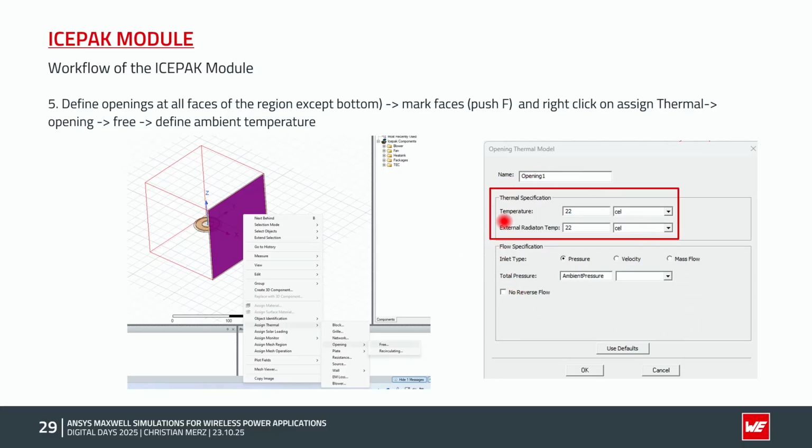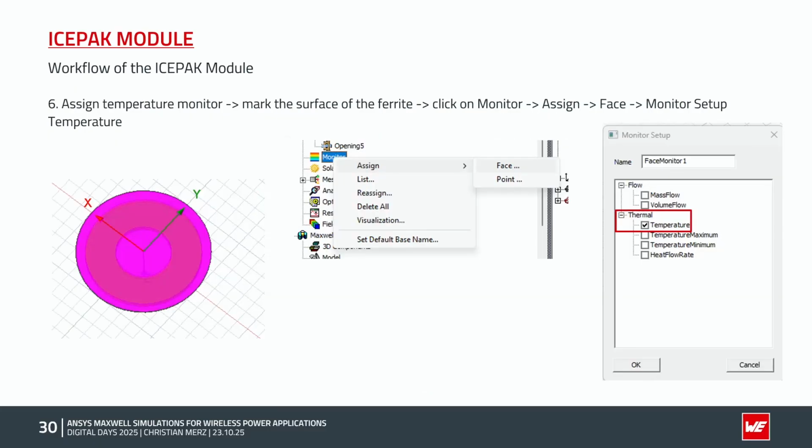There you can define your ambient temperature, that means your starting point. In this case, I defined 22 degrees Celsius as the ambient temperature.